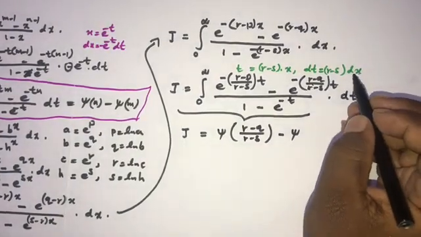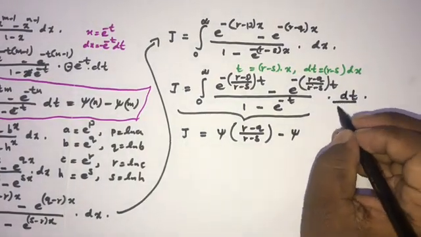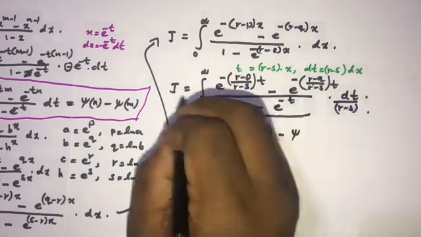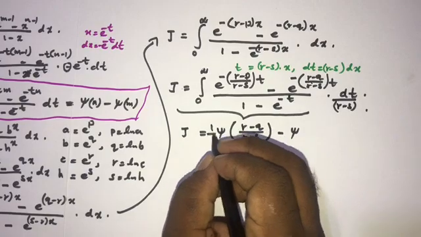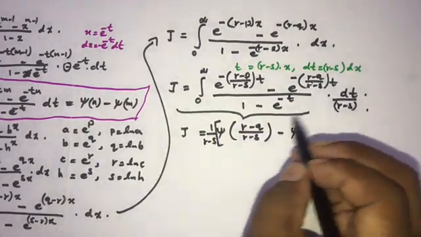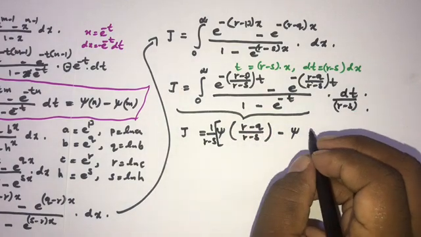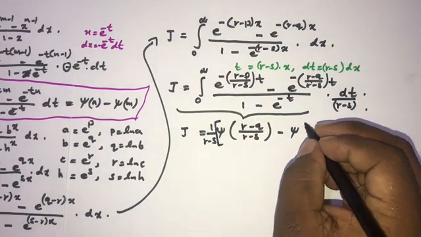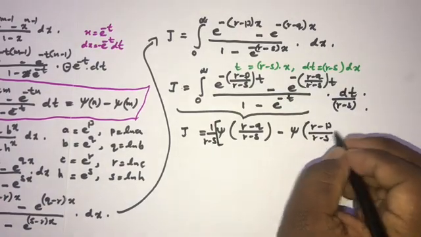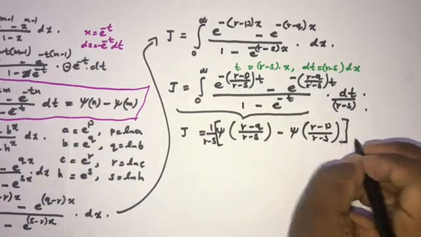Here dx is equal to dt over r minus s. So r minus s is a constant, so we can write 1 over r minus s times digamma of this term, and here digamma of r minus p over r minus s.